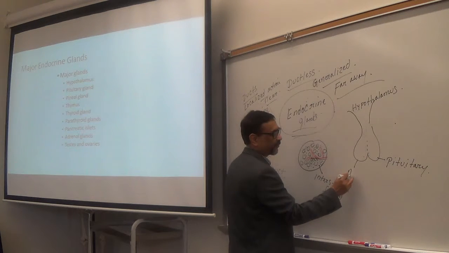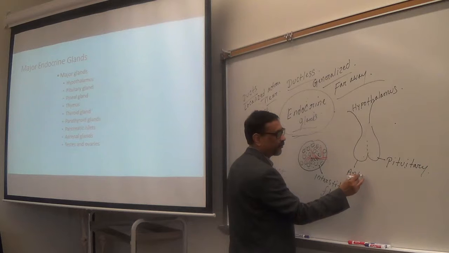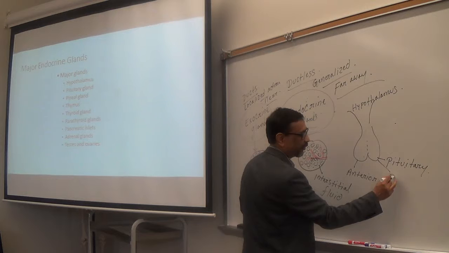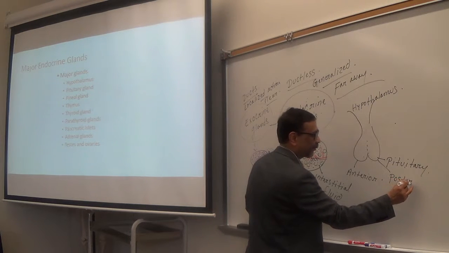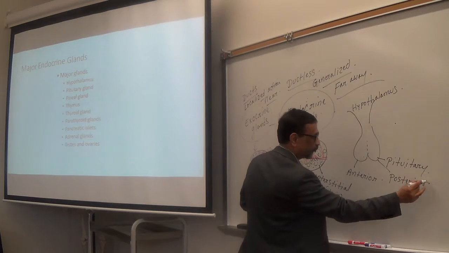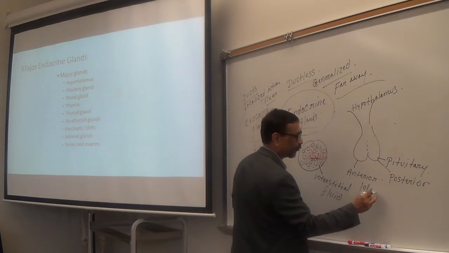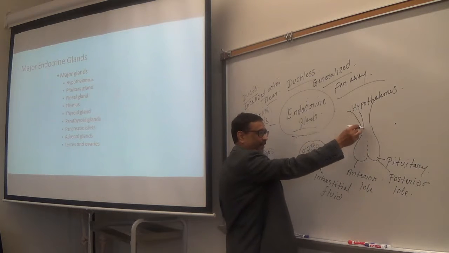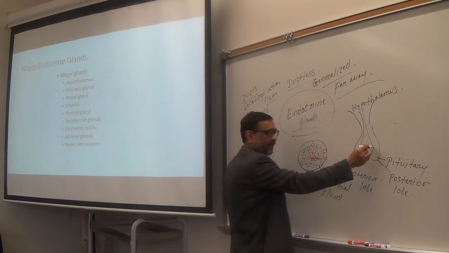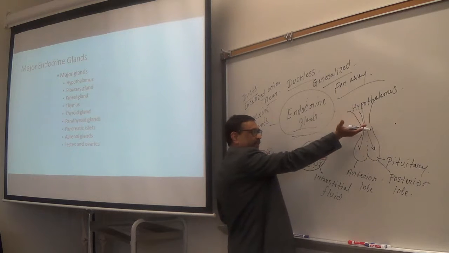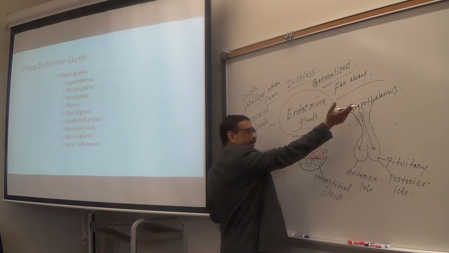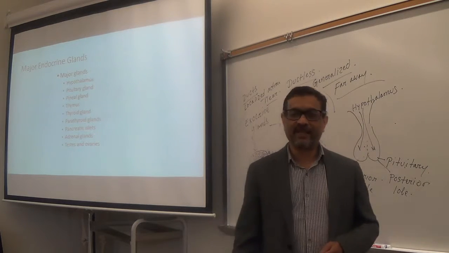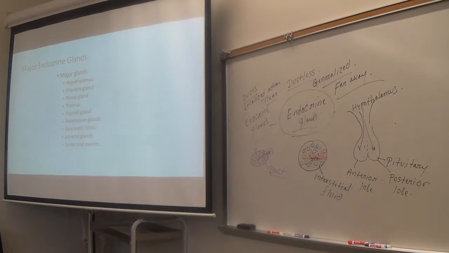If this is the front, this is the anterior lobe, and this is the posterior lobe, that means in the back. The hypothalamus can control the pituitary gland directly because it is just sitting above the pituitary. So the hypothalamus controls the secretion from the pituitary gland.